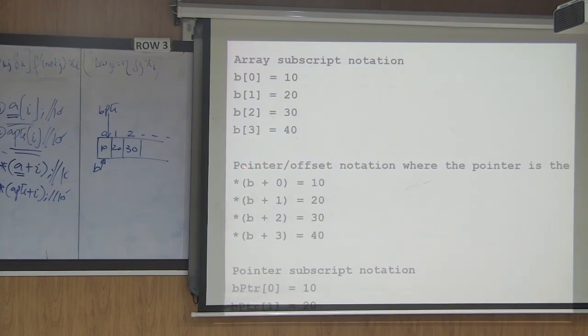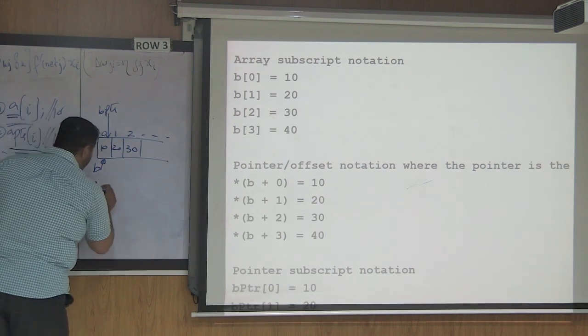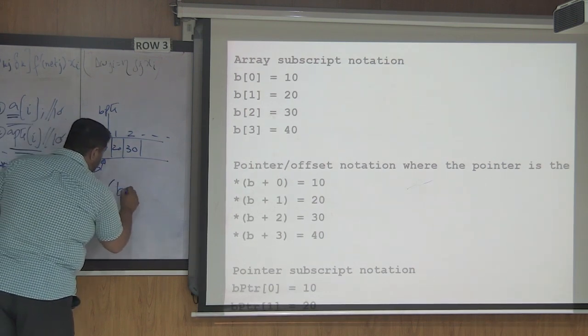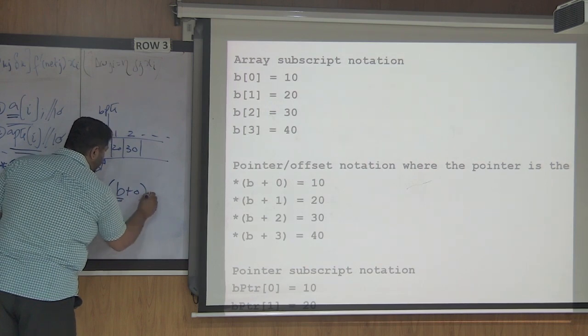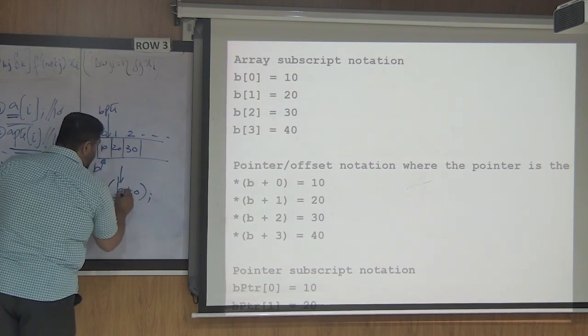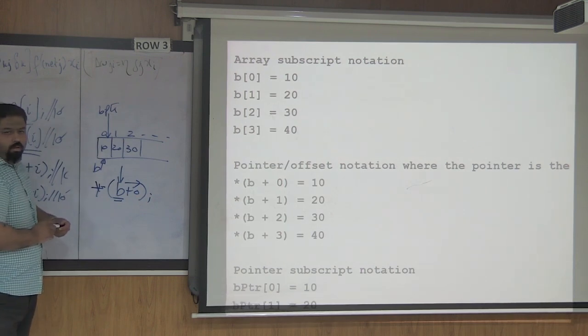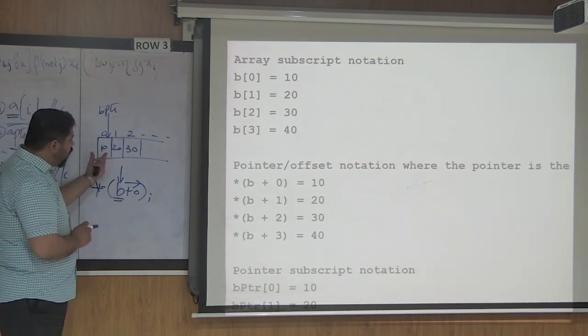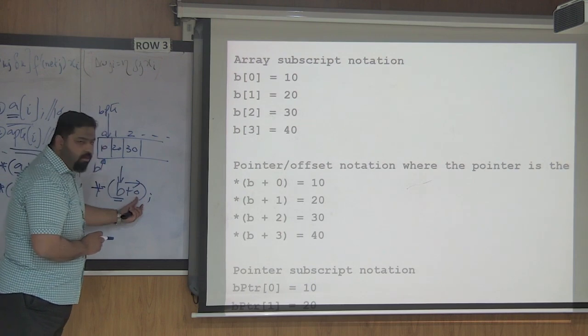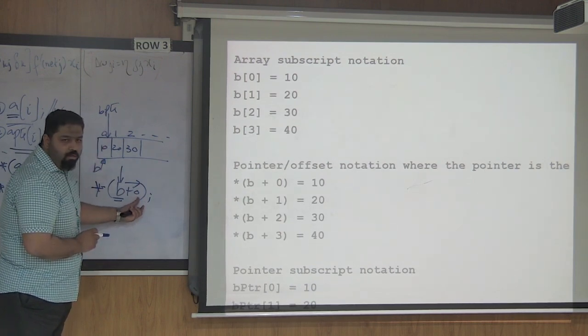Now next is pointer offset notation, where pointer is the array name. Offset actually means we start from one location. This is the base location. We start from one location, and how many further do we have to move? The base location is pointing to 0. How far ahead do we have to go? In this case 0.